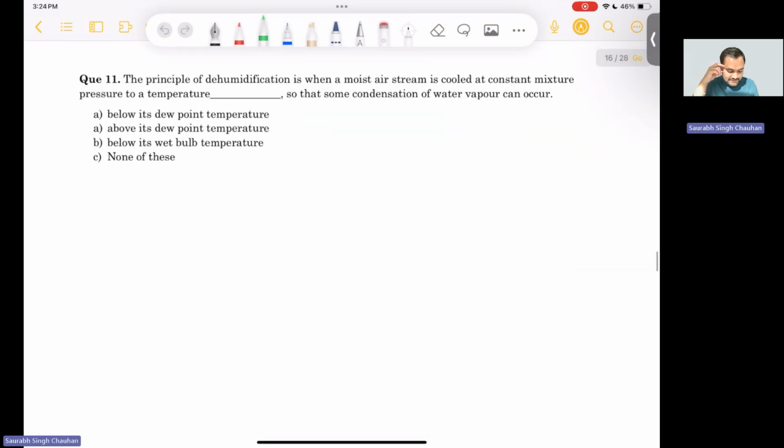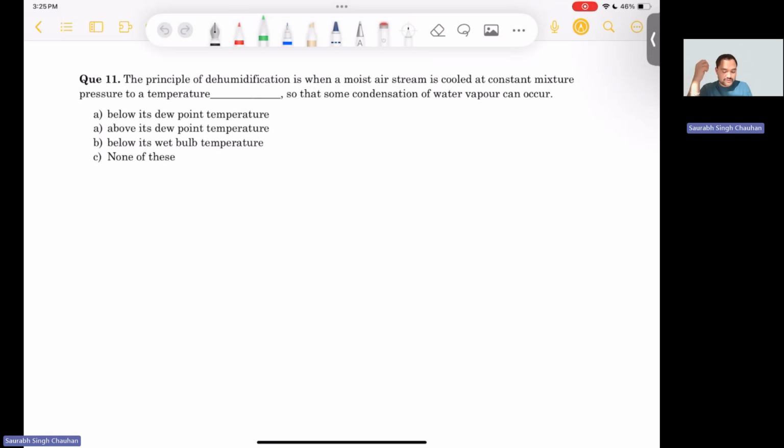Question number 11. It says the principle of dehumidification is when a moist air stream is cooled at constant pressure to a temperature, at what temperature, so that some condensation of water vapor can occur. So in dehumidification, what we are doing, we are cooling the moist air, and if you want to remove the water content, then what we need?